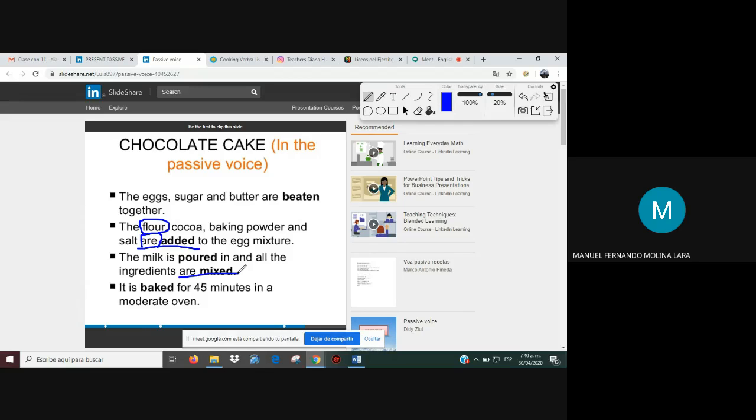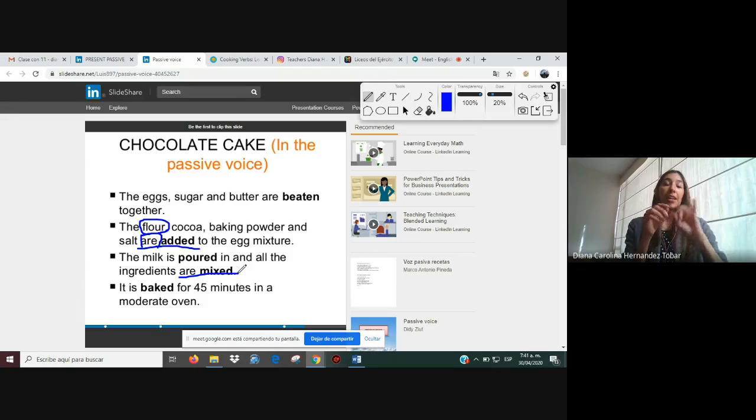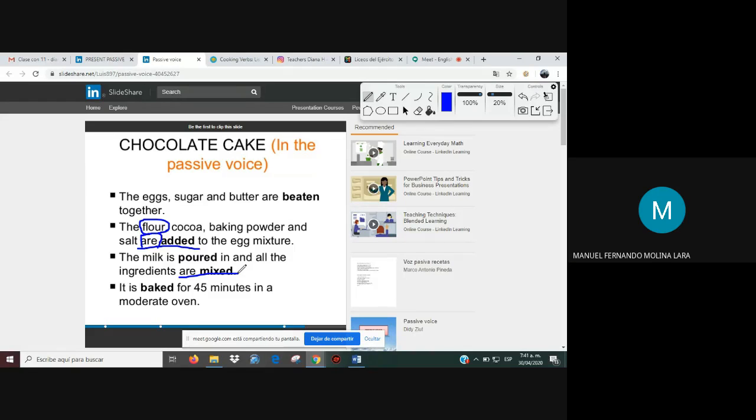Manuel, do we have another passive voice structure in the same sentence? I don't know, teacher. Remember, in this case, we have the verb to be in present and the other verb with ed if it's regular, or if it's irregular, it would be in past participle. So what is the sentence?